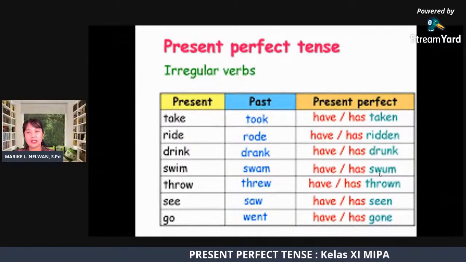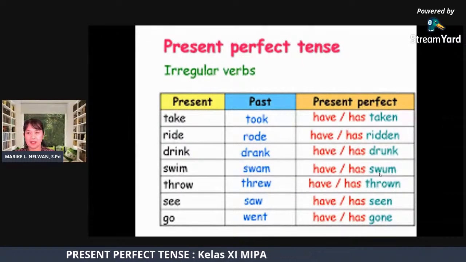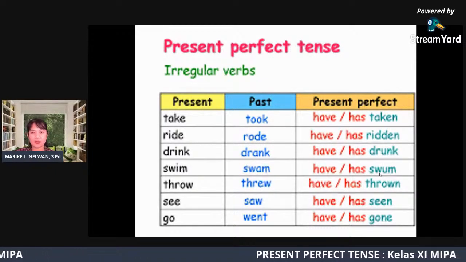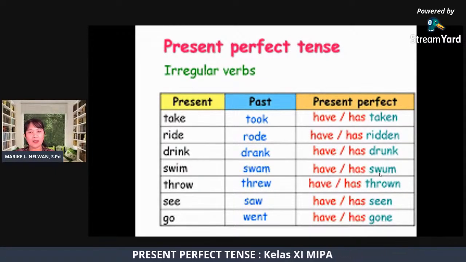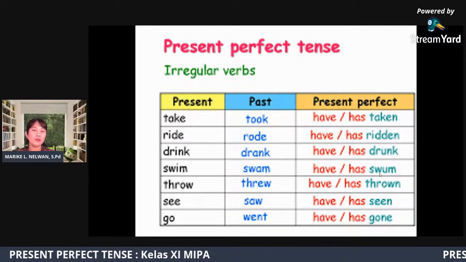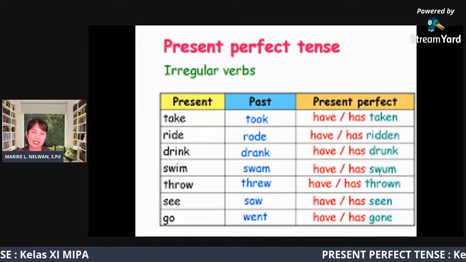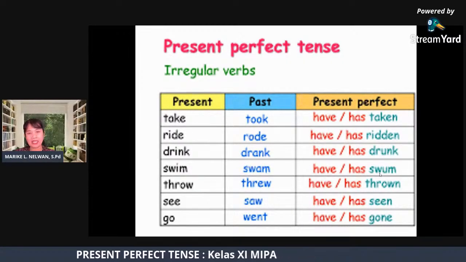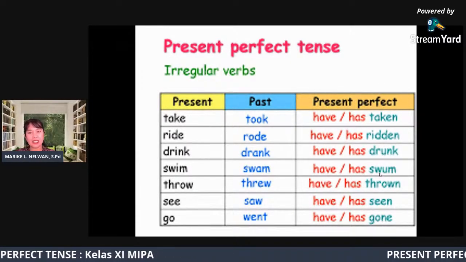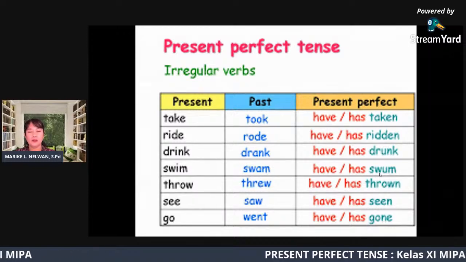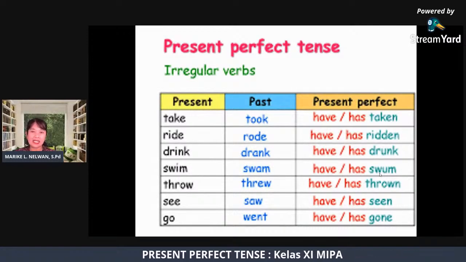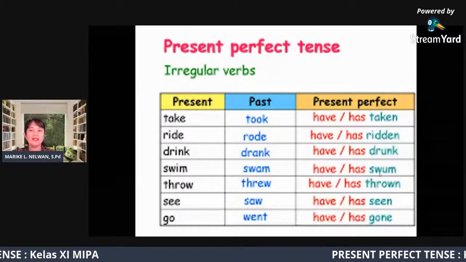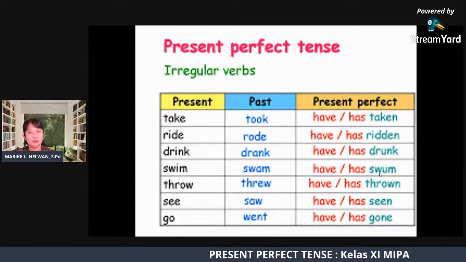Tetapi itu kita bisa lihat di dalam daftar irregular verbs dan regular verbs, yang bisa kita lihat di buku-buku grammar, dan tugas kita hanya cukup mempelajari dan juga menghafalnya dan mengingat-ingatnya terus, supaya ketika one day it needed to make a present perfect tense, and then you are able to make that.